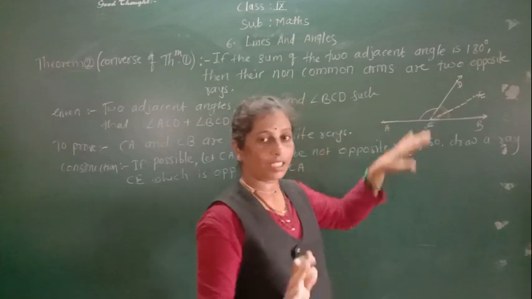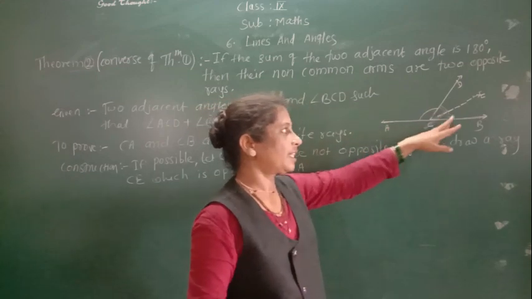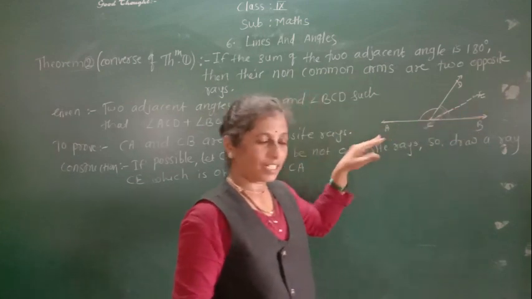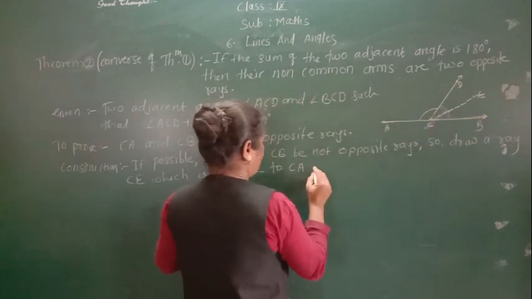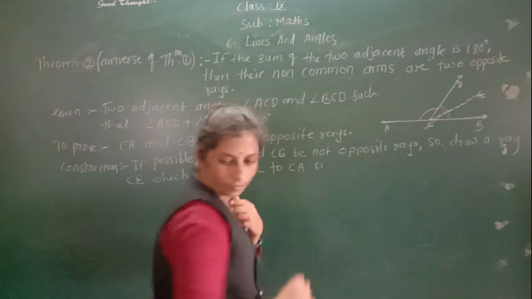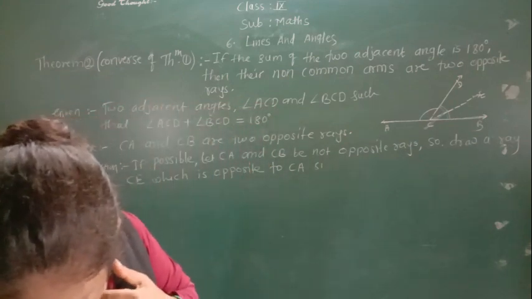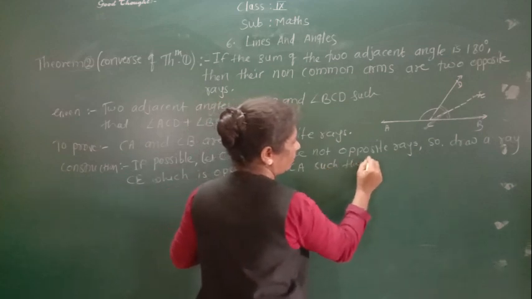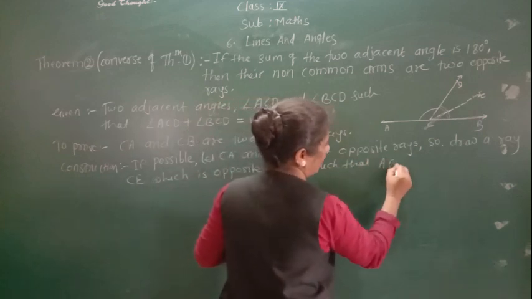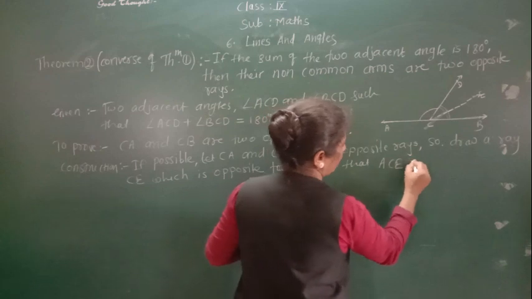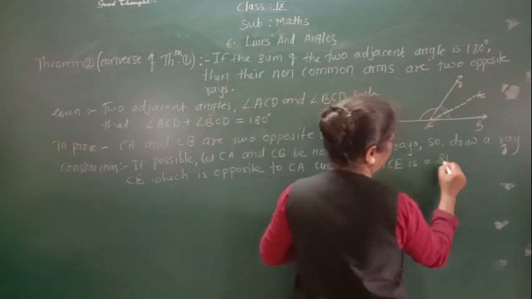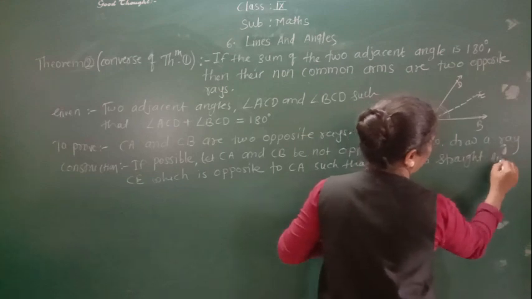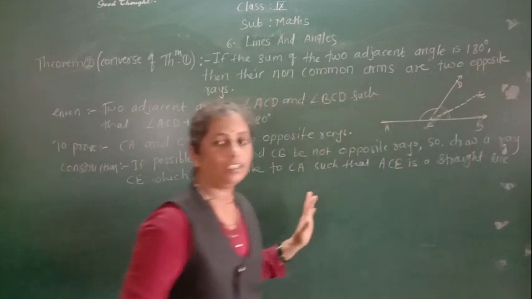Here we can't see it, but if CE is opposite to CA, then it forms a straight line, such that ACE is a straight line. Understood, everyone?